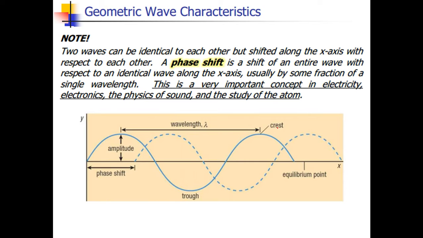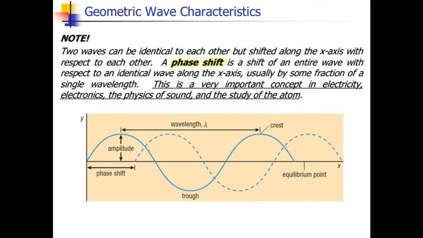Another thing, two waves can be identical to one another in the sense that they could have the same amplitude and the same wavelength. However, they can also be out of phase. A phase shift is when we shift an entire wave with respect to an identical wave along the x-axis.